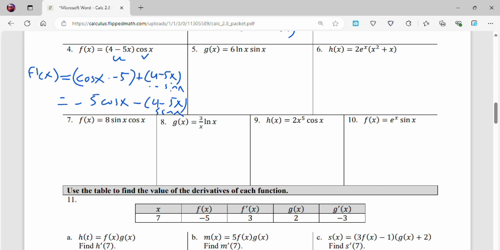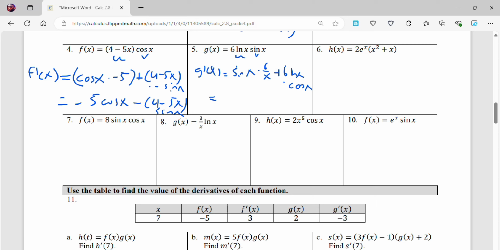Next question. G of x equals 6 ln x times sine x. So v, u prime, right? V, and then we have our u. So g prime of x is v u prime. So sine x times the derivative of 6 ln x, which is going to be 6 over x, plus 6 ln x times v prime, which is going to be cosine x.